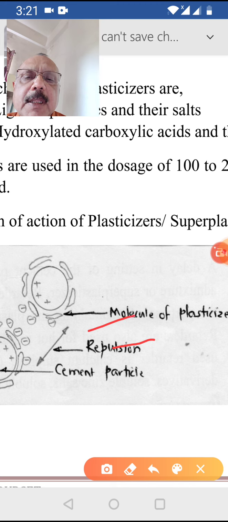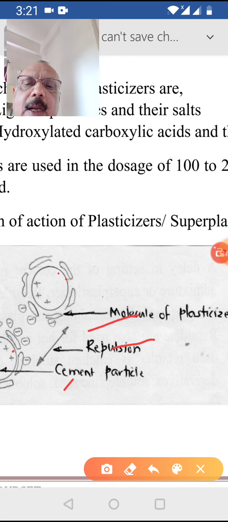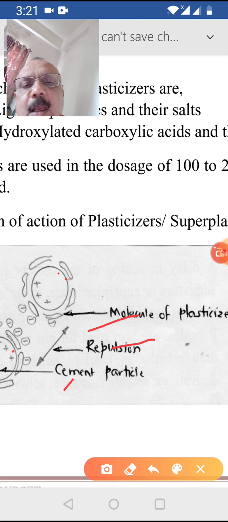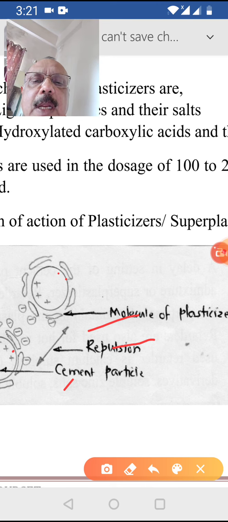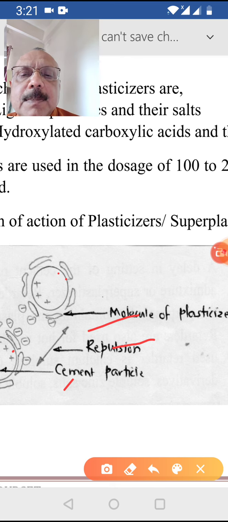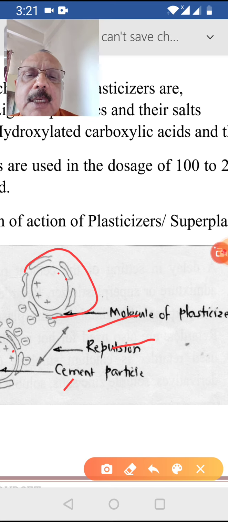You can see there are two cement particles which are basically positively charged. Now, when we add plasticizer or super plasticizer, I am going to talk about it later, but almost the mechanism is the same. What happens, you can see here, the molecules of plasticizers are adsorbed on the surface of the cement particles.